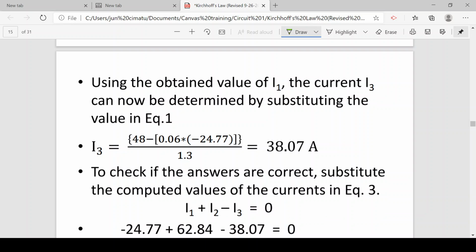To determine I sub 3, we can use equation 1, substituting the computed value of I sub 1, and we have here 38.07 amperes.